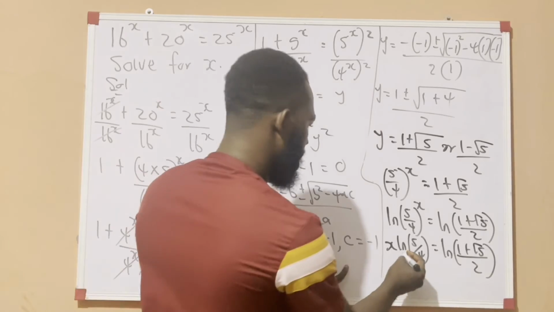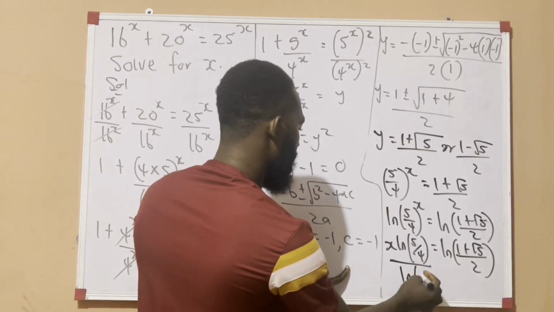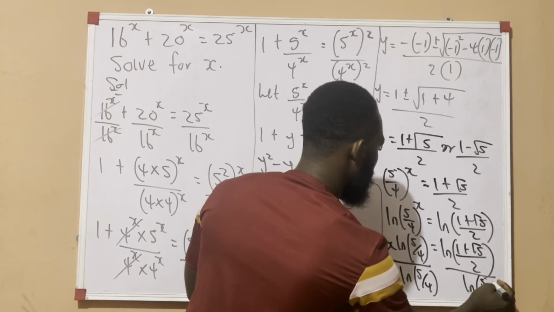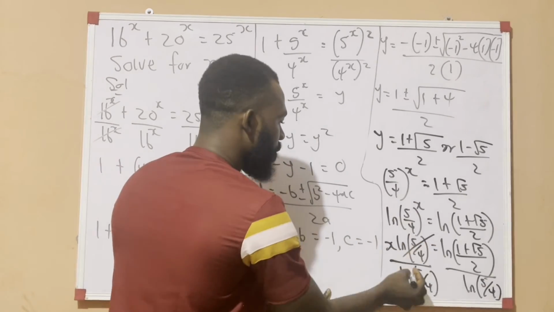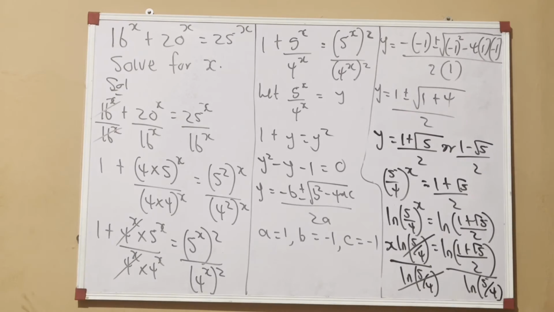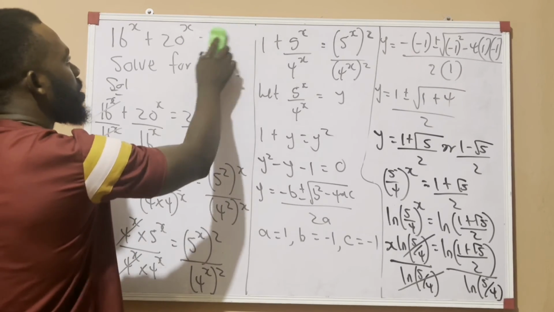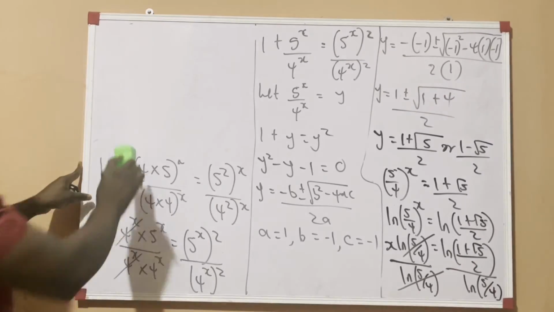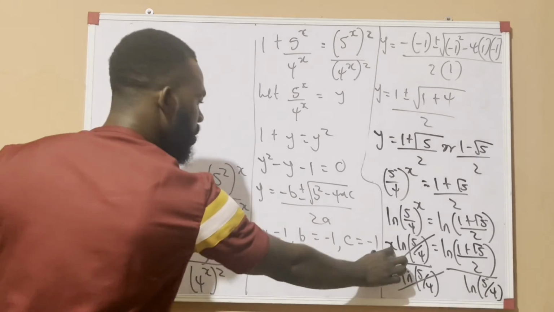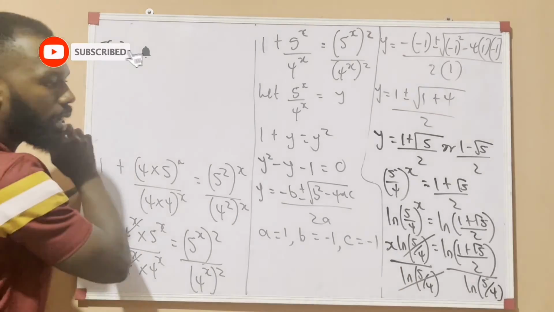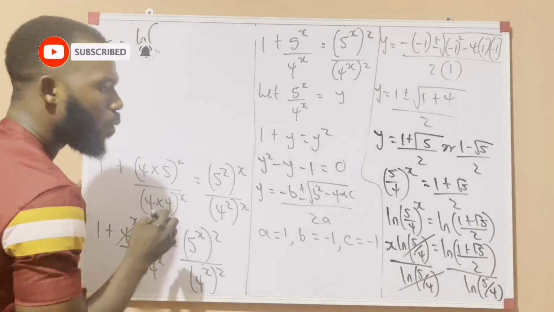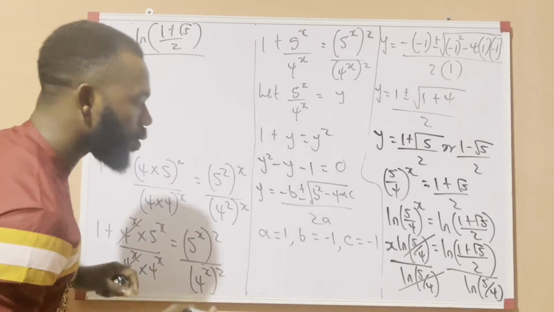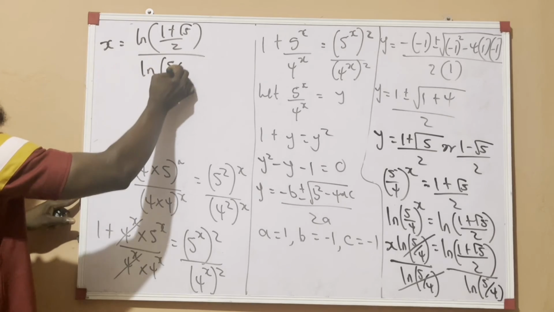So here becomes x is equal to the natural logarithm of 1 plus root 5 all over 2, all over the natural logarithm of 5 over 4.